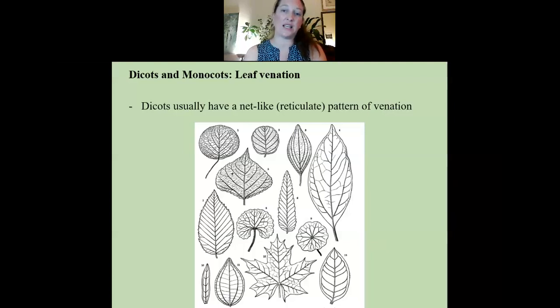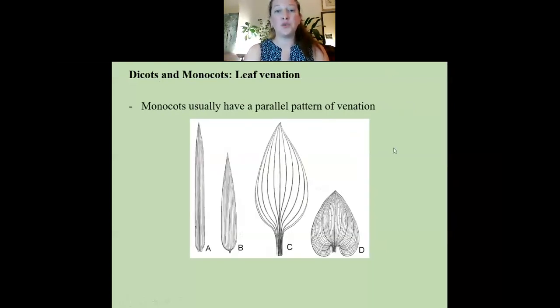You'll see reticulate in the lab. But dicots tend to have this net-like venation in their leaves, whereas monocots usually have parallel venation in their leaves. So you can tell with your naked eye whether something is a dicot or a monocot just by looking at the leaf venation, which is pretty cool.